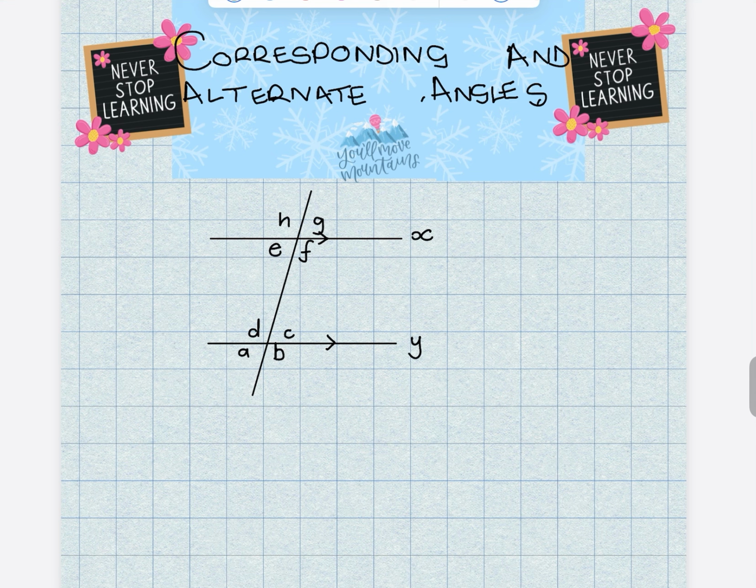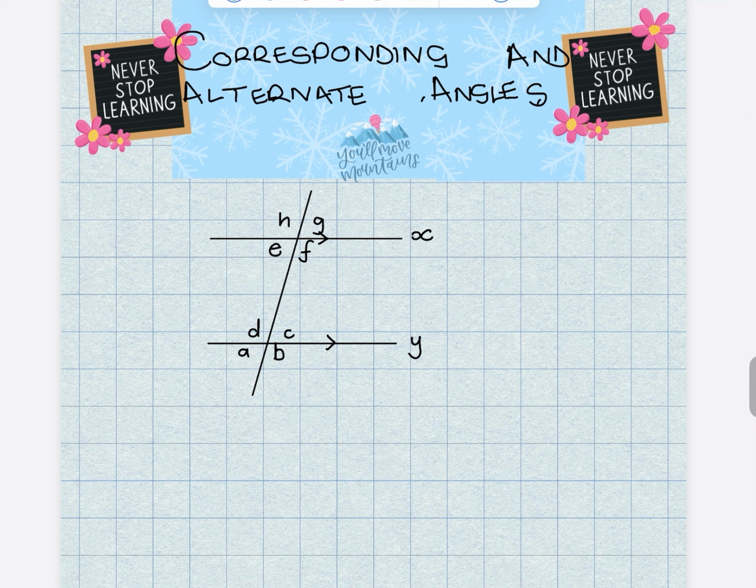And then let's go to line Y. Which other angle is on the top of line Y and is on the left side of the transversal line? Right. So that angle is D. D is on top of line Y and H is on top of line X.